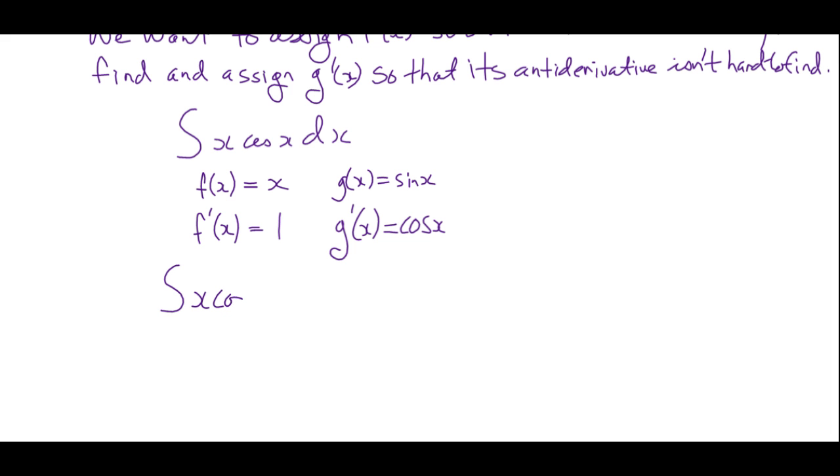The integral of x cos x dx is equal to f times g, so x times sine x, minus the integral of 1 times sine x dx. So direct substitution: our f of x is x, our g prime of x is cos x, our g of x is sine x, and we're taking the integral of f prime of x times g of x.